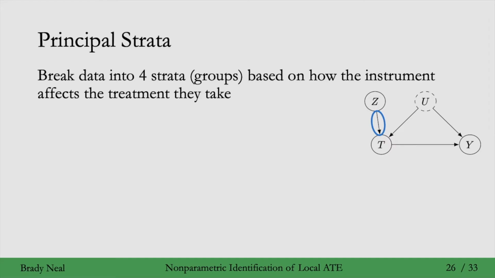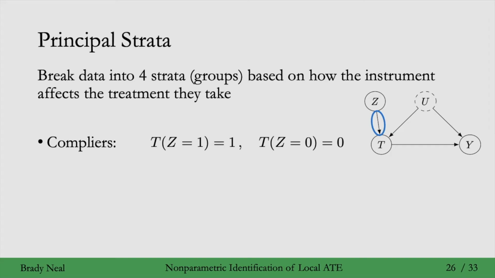The first group is known as compliers. Those are the people who, when they get instrument equals 1, then they take treatment t equals 1. And when they get instrument equals 0, they take treatment t equals 0. So you can think of Z as the assignment, or what people are encouraged to take. If you are assigned treatment 1, so that's Z equals 1, you're being encouraged to take treatment equals 1.